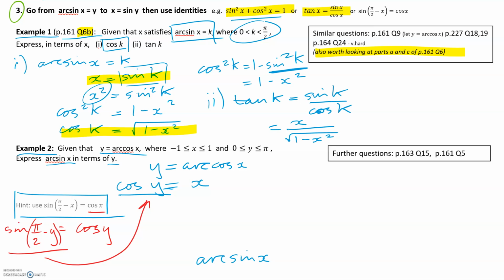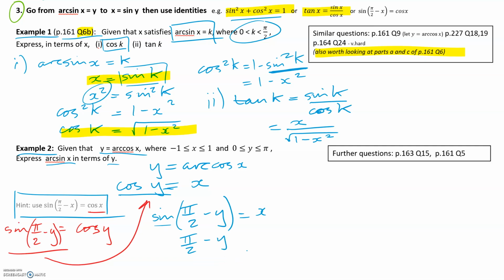The left hand side now becomes sine pi over 2 minus y, and we're almost there because we want to find arc sine x, remember. So if we just do arc sine of both sides or inverse sine of both sides, that sine will cancel. So on the left hand side we'll have pi over 2 minus y.